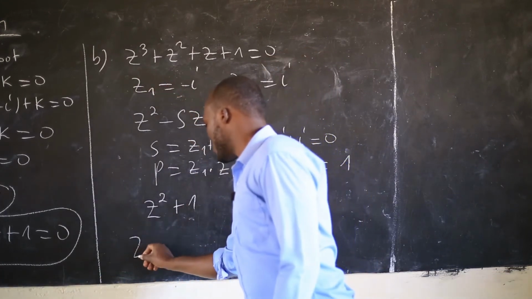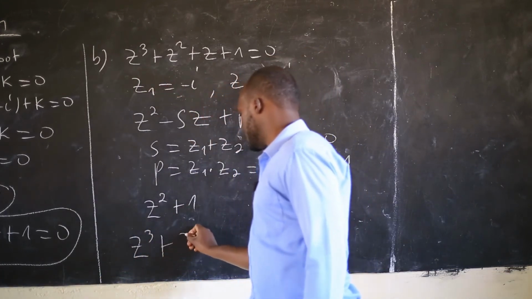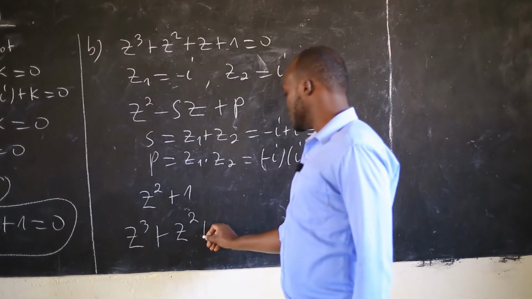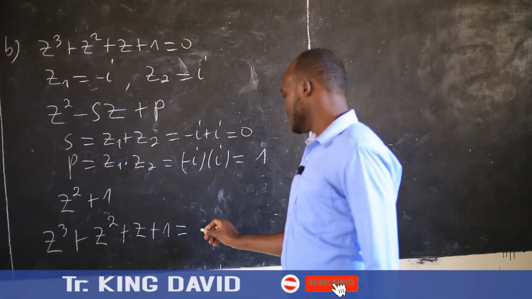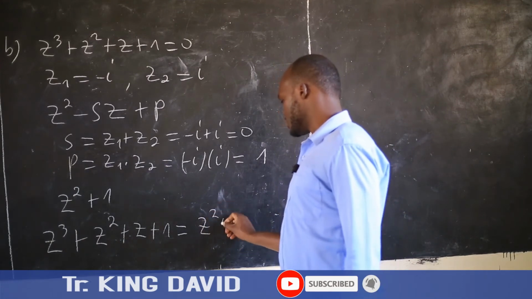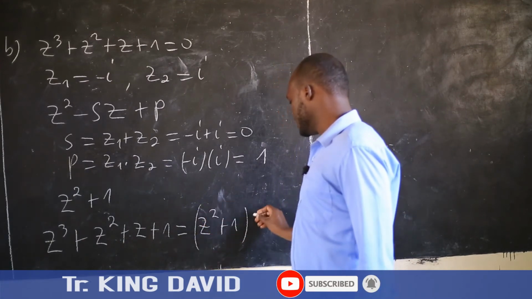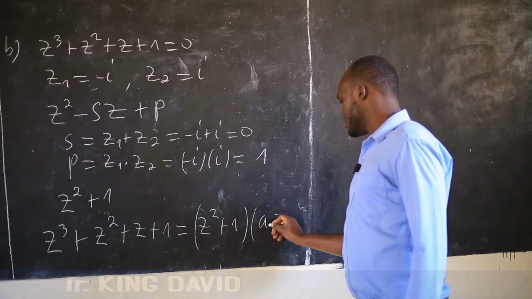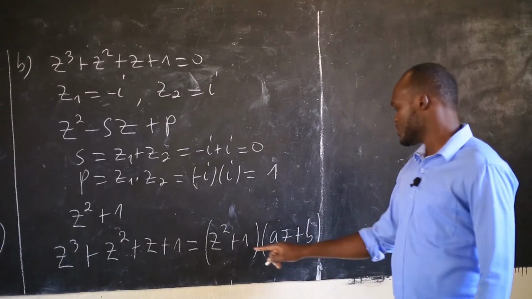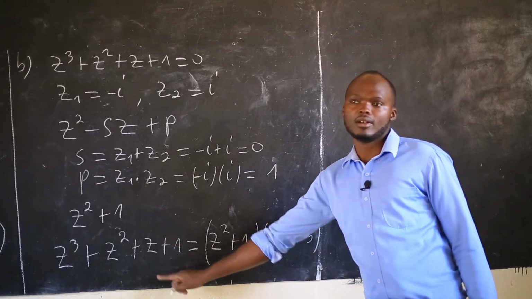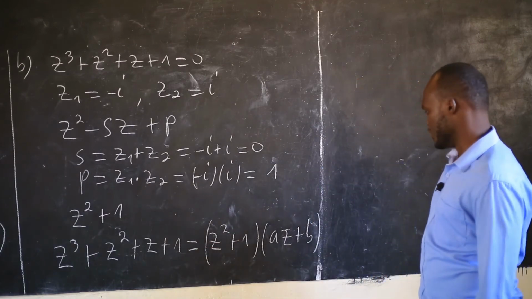So we need a linear factor to form an equation of power 3. Which means that z^3 + z^2 + z + 1 is the same as (z^2 + 1)(az + b), because if we multiply, we'll get a third degree polynomial.